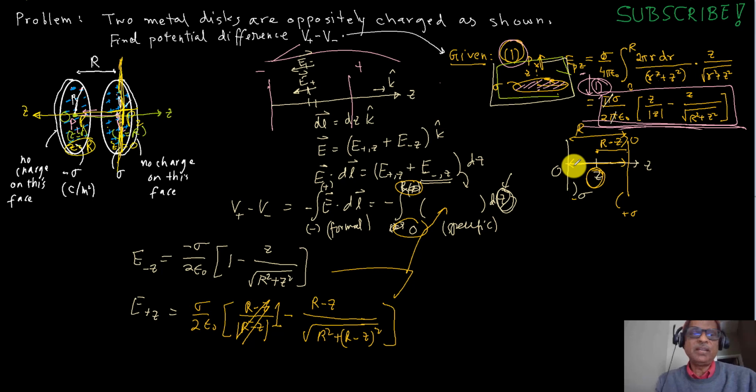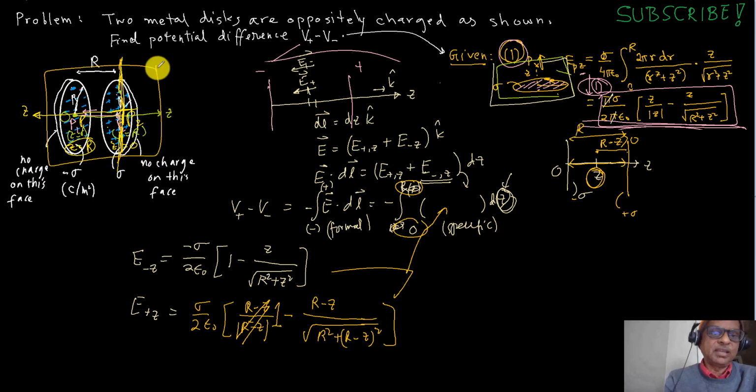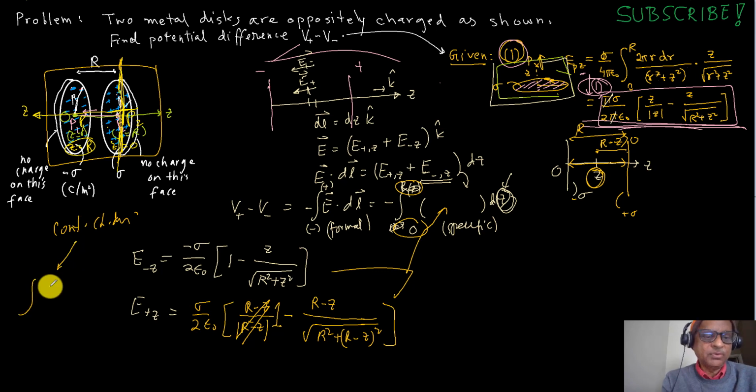So when you have a continuous charge distribution like this, a finite one, and you want the potential difference or potential, it's often easy to do it by setting up the integral over dq with the 1 over 4 pi epsilon naught r factor.